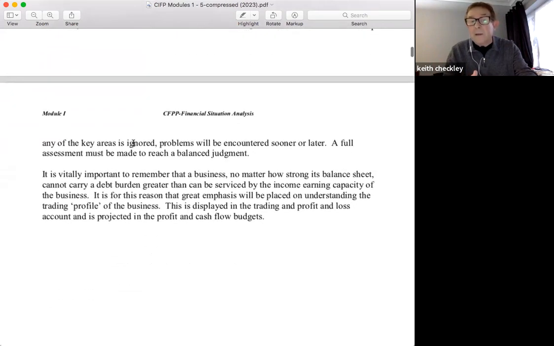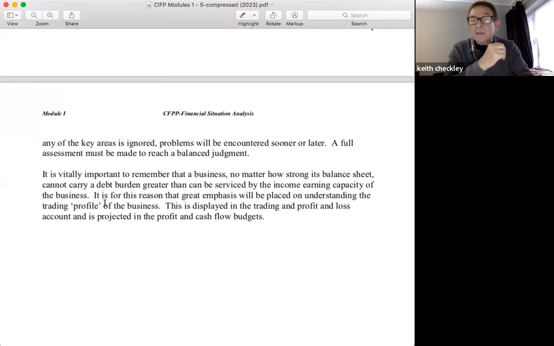So if any of these key areas are ignored, problems will be encountered sooner or later. So we need to make a full assessment, just like we're encouraging before, to reach a balanced judgment. And this is very important. You could highlight this. It's vitally important to remember that a business, no matter how strong its balance sheet, cannot carry a debt burden greater than can be serviced by the income earning capacity of this business.